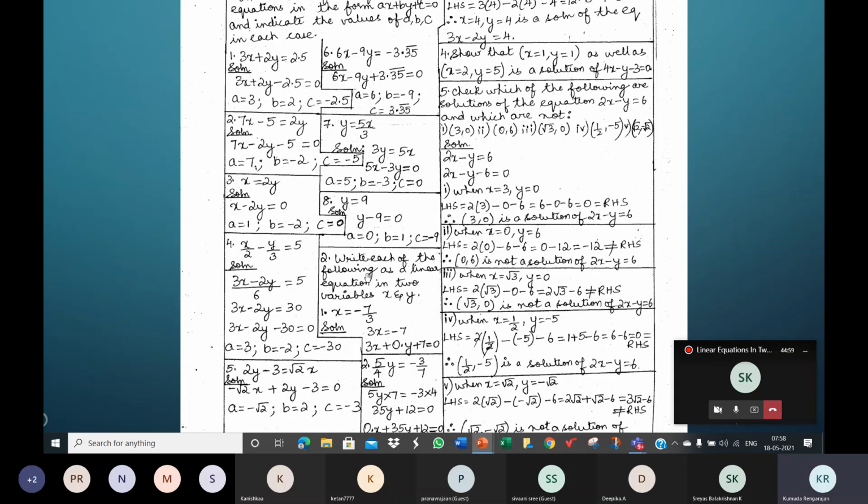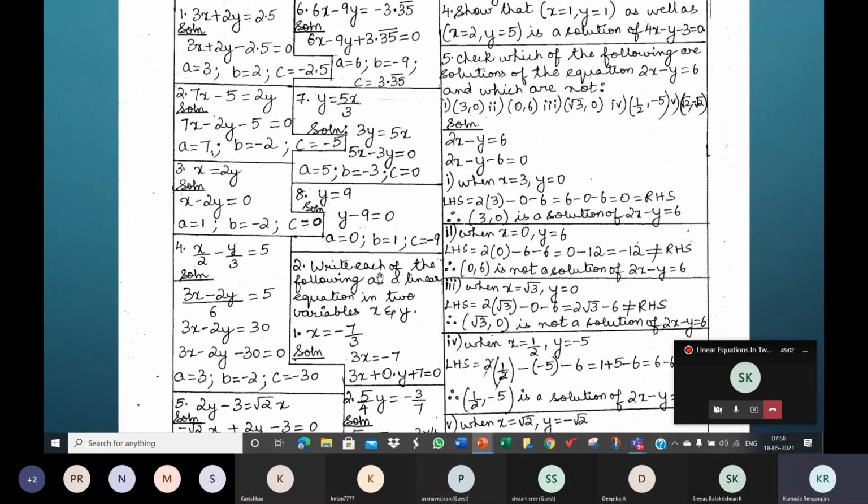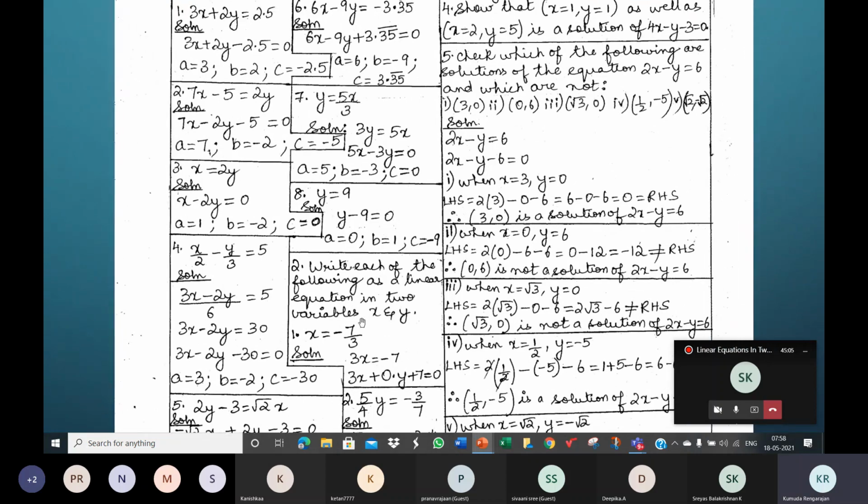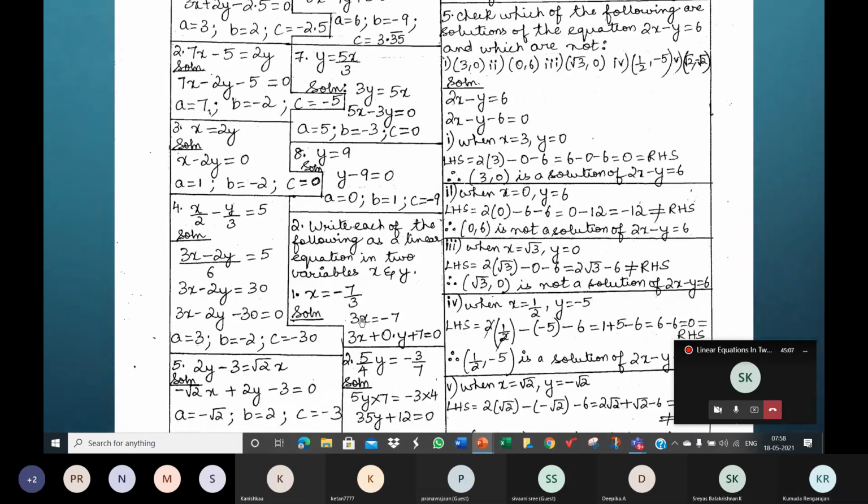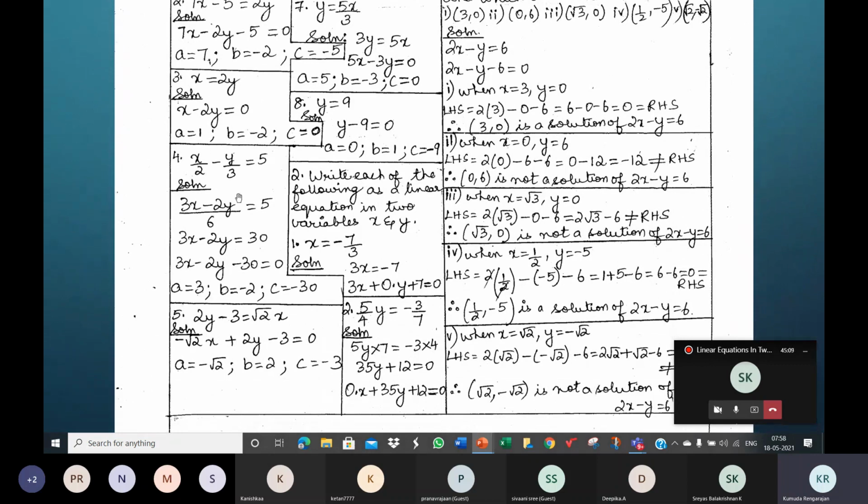Let's see the second one. Write each of the following as linear equations in two variables x and y. In two variables. So again, cross multiply and you have this. And the y term is missing. There's no y term. So just show it like 0y. 3x plus 0y, transpose this, plus 7 is equal to 0.